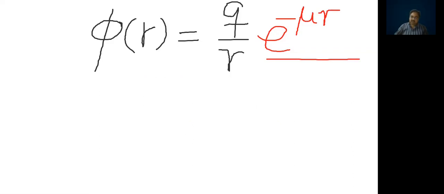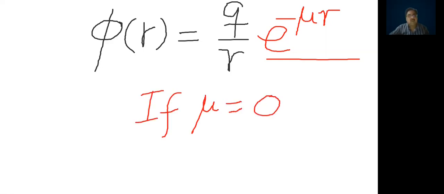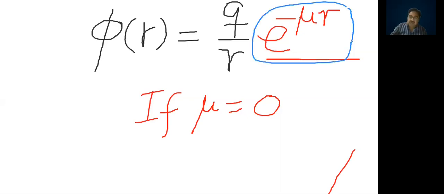So one can ascertain this. This μ has the mass. So if the mass is 0, that means the photon is massless, and in that case you can regain the Coulomb expression of Q/R. But if it has some mass, then the Coulomb expression obviously will change, and you will have to consider the entire expression along with this part.